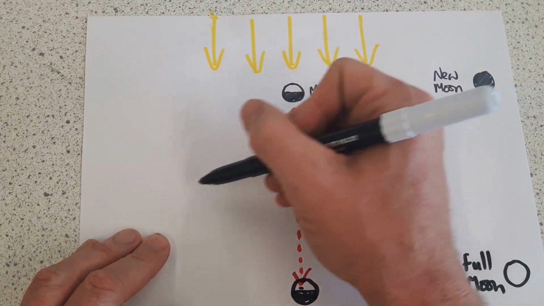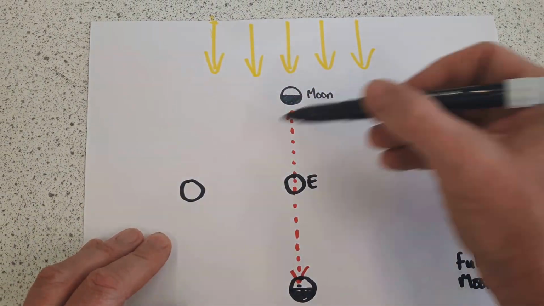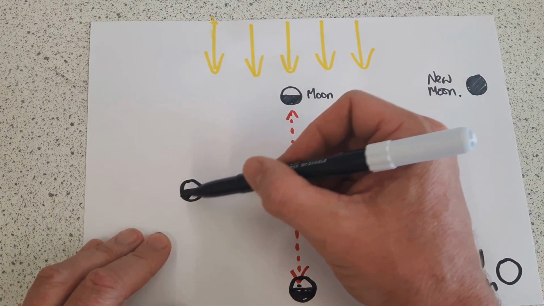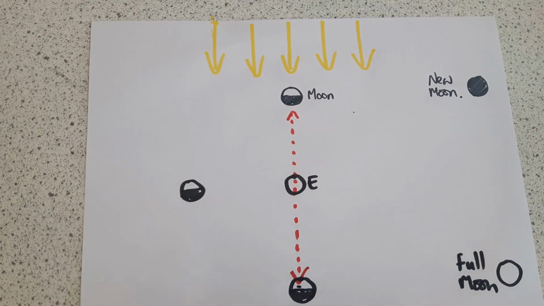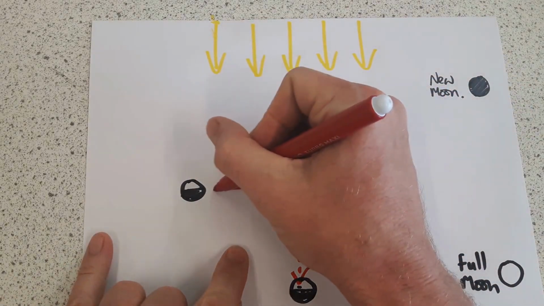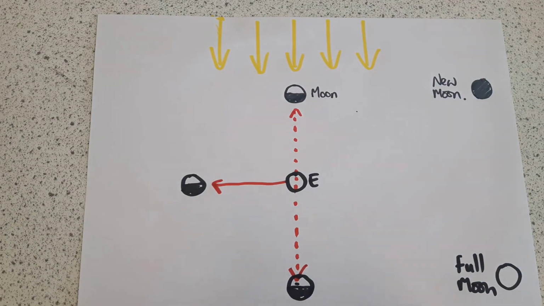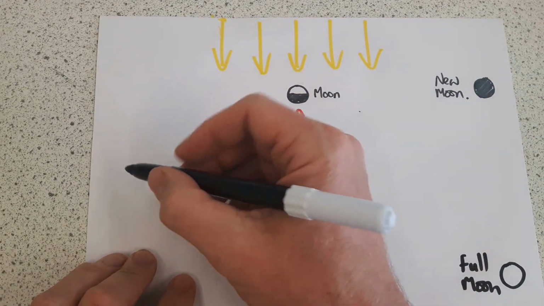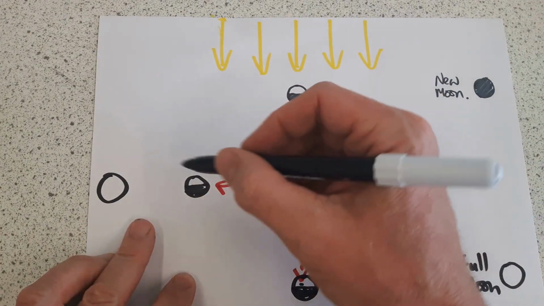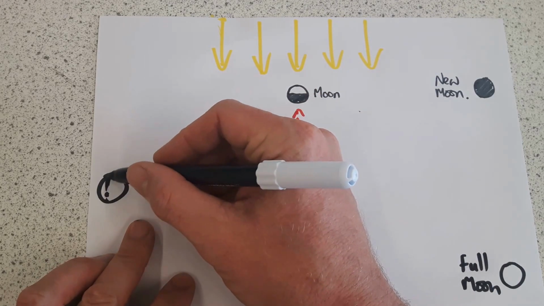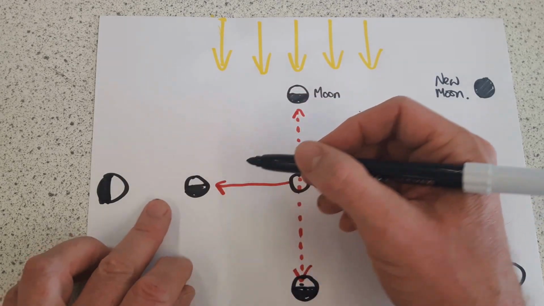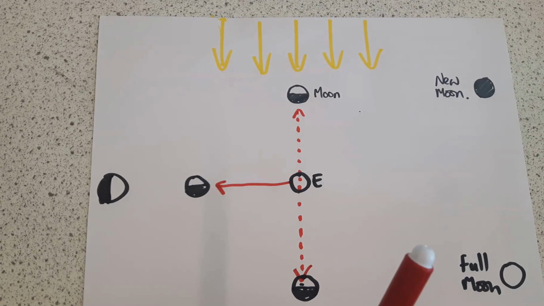So if we start over here, again, always the half facing away from the sun is in shadow. Think of the view from Earth, and the view from Earth is going to be that you see the left side of the moon in shadow and the right side as the bright side.